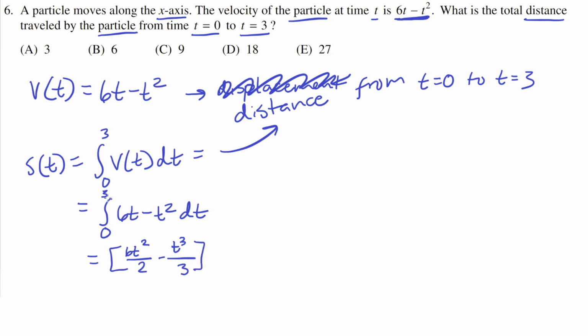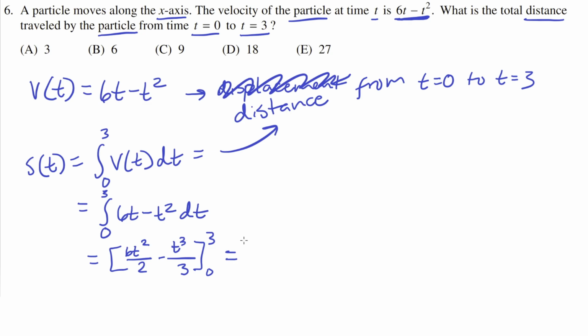And since this is a definite integral, where we have bounds from time t equals 0 to time t equals 3, we don't have a constant of integration. So now to find the total distance, let's plug in these bounds.